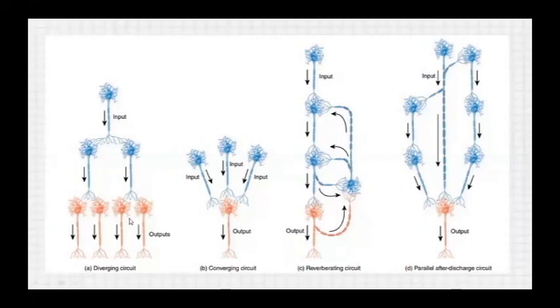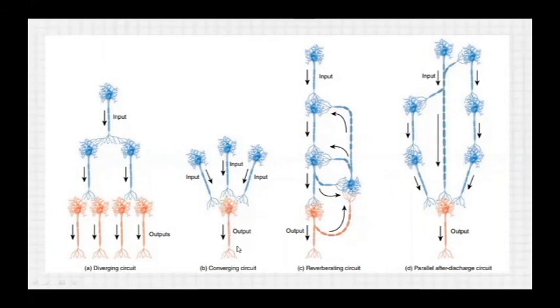While in the converging circuit, it started from numerous or several presynaptic neurons going to a single postsynaptic neuron, meaning all of the information or all of the synapses converge to one postsynaptic neuron.